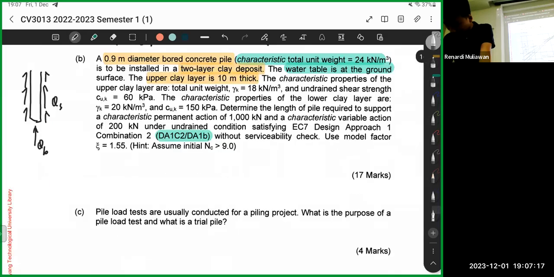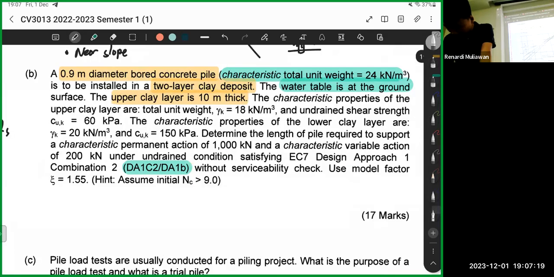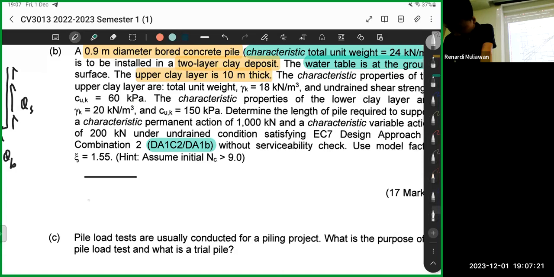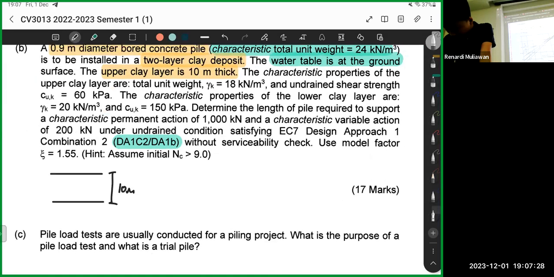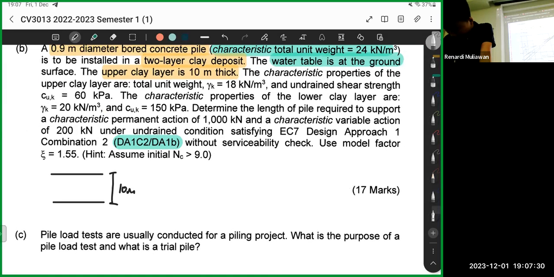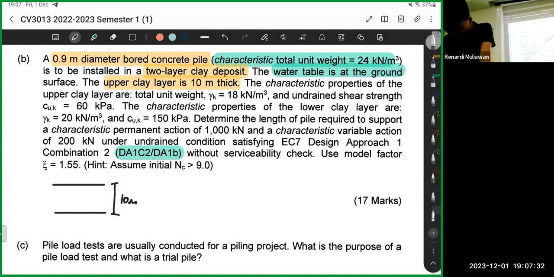Okay, so upper clay is 10 meters thick. Then the bottom one, they never give.